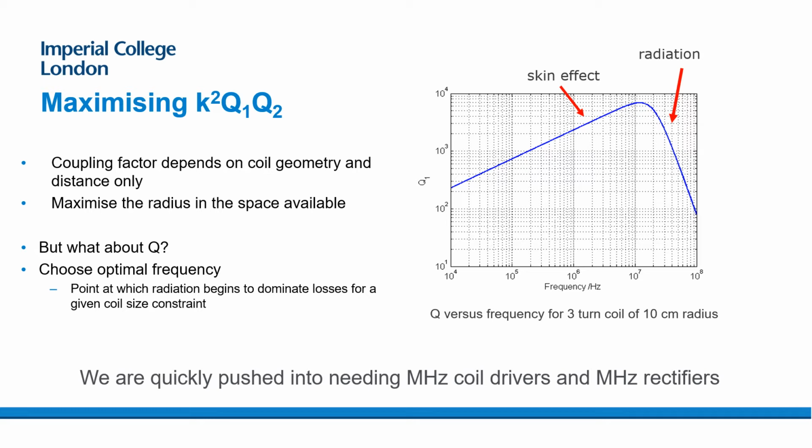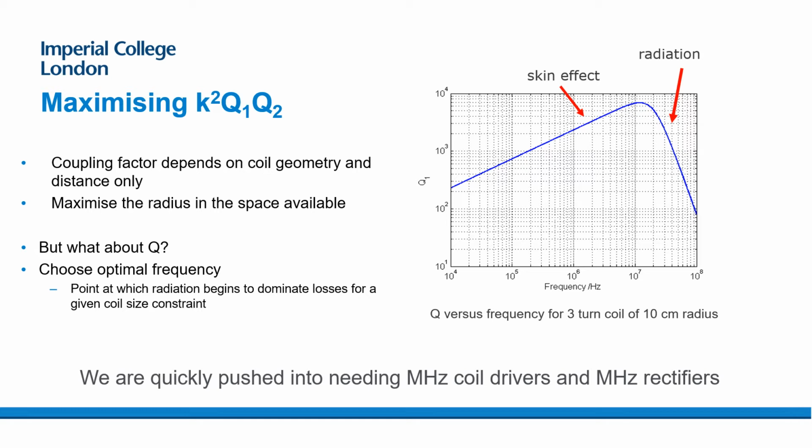Now that's obviously a first order approximation, because in actual fact the Q factor of the coil is omega L divided by R, and as I go up in frequency the resistance of the coil will increase because of skin effect. What that means is that the Q factor of the coil does increase with frequency, because omega L goes up faster than R: the resistance due to the skin effect increases as the square root of frequency, whereas omega L increases proportional to frequency.